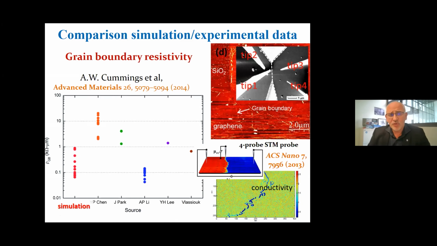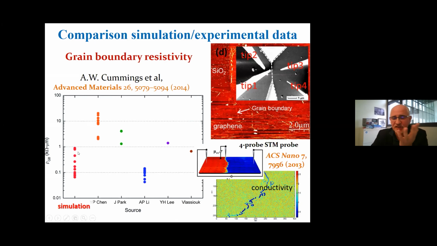So this is the grain boundary resistivity, which I say is a good figure of merit for the grain boundary. And this is a simulation of our sample by changing the degree of contamination. And these are some other data reported from the literature. So mostly those grain boundaries are more resistive to some extent.